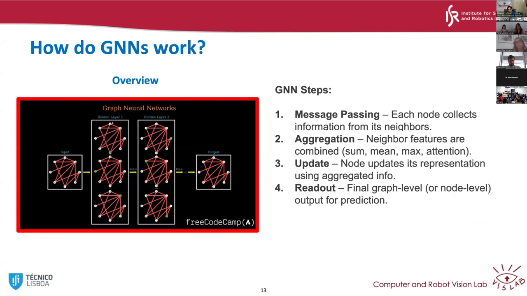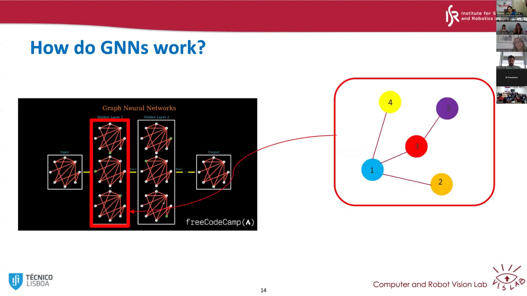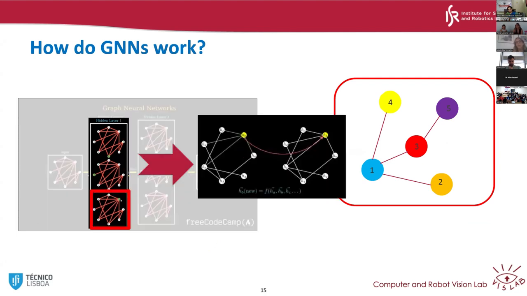So, an overview of graph neural networks. We have different layers, so layer 1 and layer 2, and in each layer we update the information of each node, as I've explained previously. So here, basically, we are updating the information of node 2 by combining the information of its neighbors. So we obtain a new representation, and we do this to all the nodes in the graph.